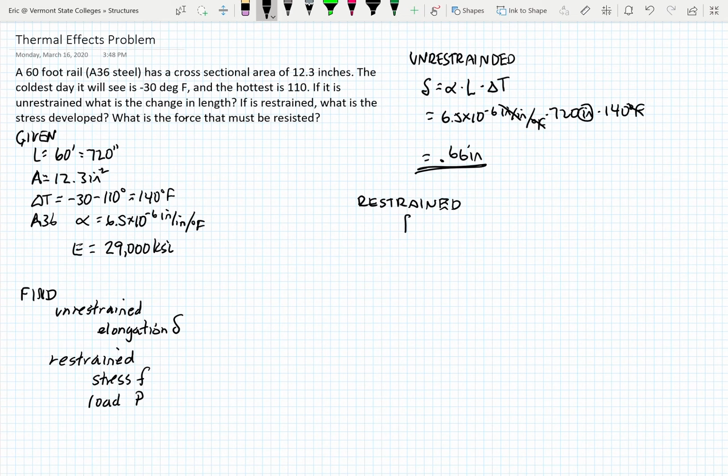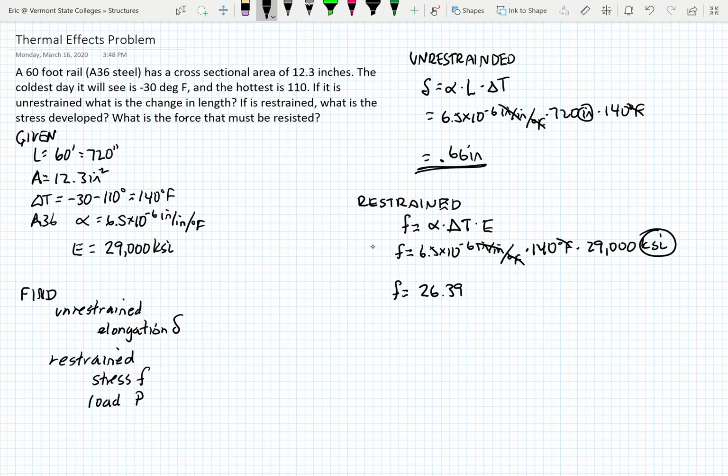And here we have the stress formula, alpha delta T E. The stress is equal to 6.5 times 10 to the minus 6 inches per inch per degree F. Delta T is 140 degrees F. And the modulus of elasticity is 29,000 KSI. Once again, we do units, inches per inch, degree F, and we're left with KSI. And we end up with a stress of 26.39 KSI.